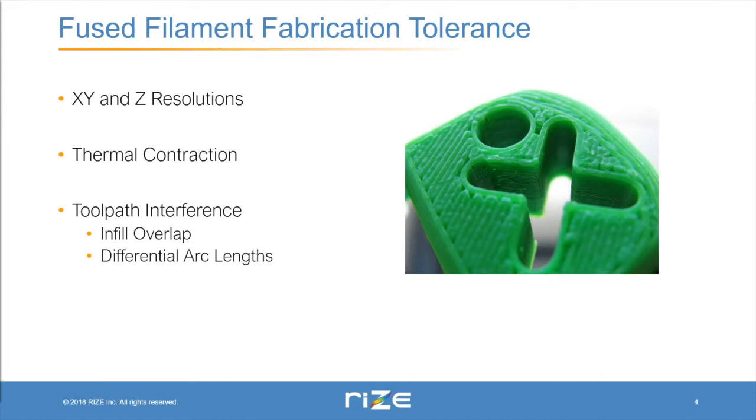So another major challenge that's relevant to tolerancing for filament fabrication printing is thermal contraction. This is the effect that often causes troubling warping with large parts in thermoplastic 3D printing.